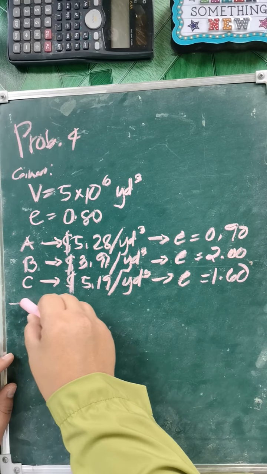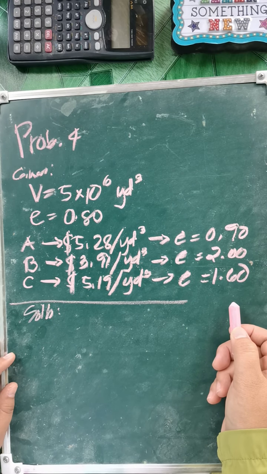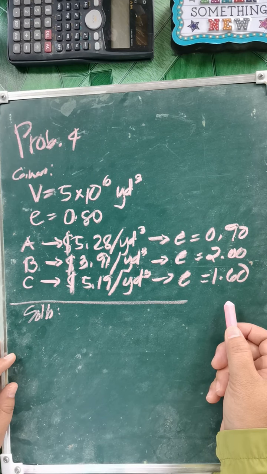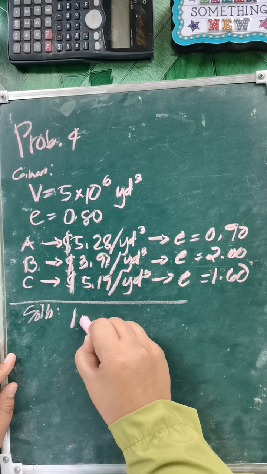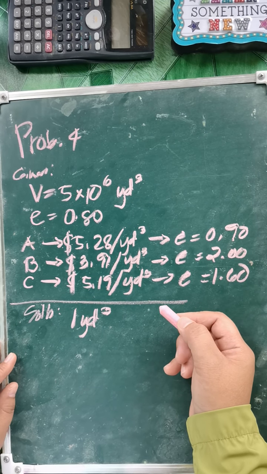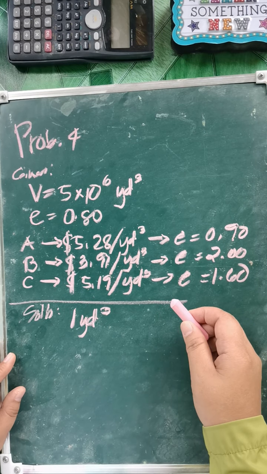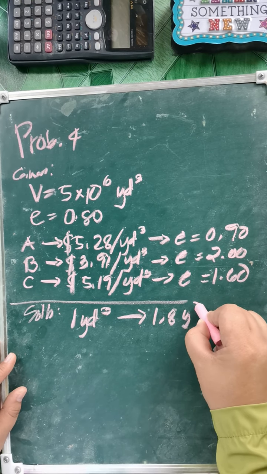So therefore, to put 1 cubic yard of solids in the dam, you would need 1.8 cubic yards of soil.